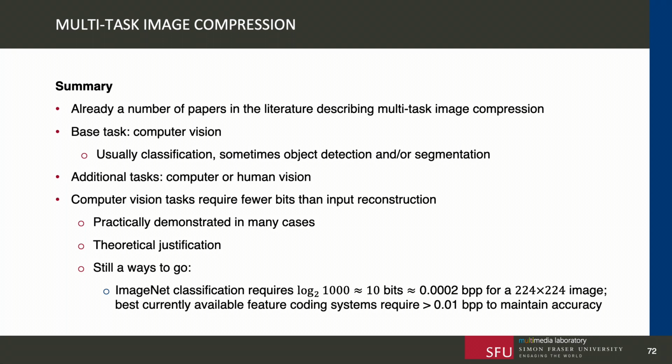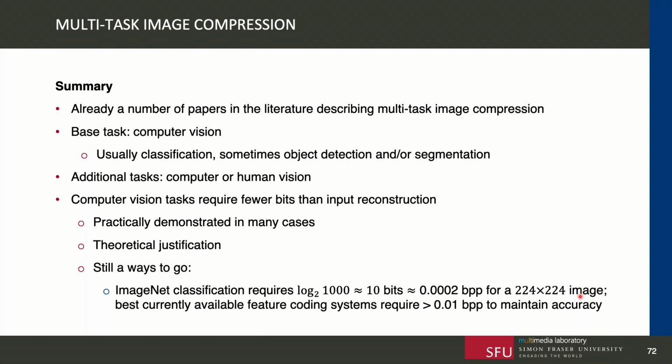Just to give a quick example, if you consider the task of ImageNet image classification with 1,000 classes, each image contains about 10 bits of information relevant to that task. And that works out to be about 2 times 10 to the minus 4 bits per pixel for a 224 by 224 image, and even less if you consider larger image resolution.